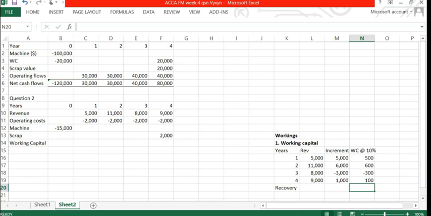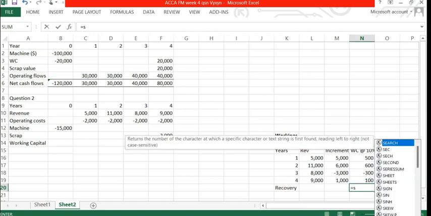Remember we did the cost saving aspect in our previous video on relevant costs. So it means that in this particular year, in year 3, where we had a negative working capital of 300, we did have a working capital cost saving. So the sum we are going to recover.